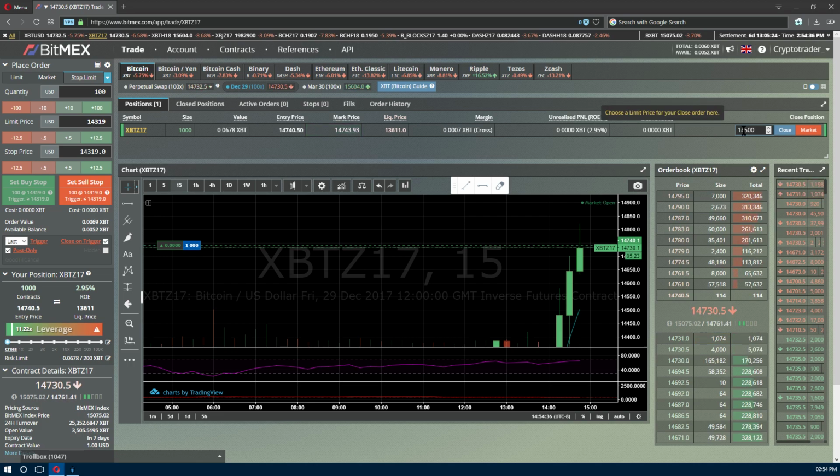Is that a market close position? Click to close your entry position at 500.